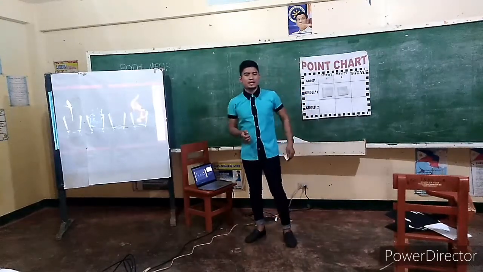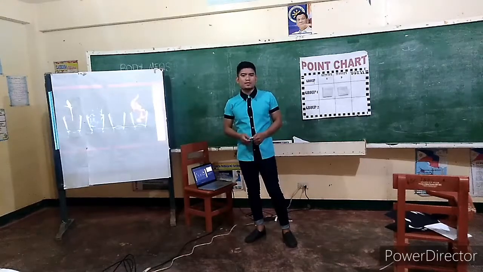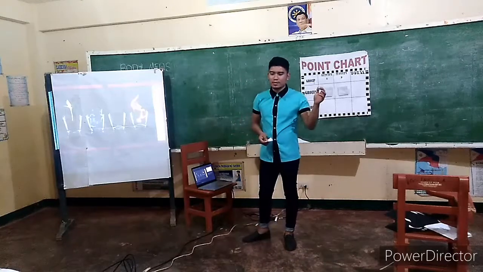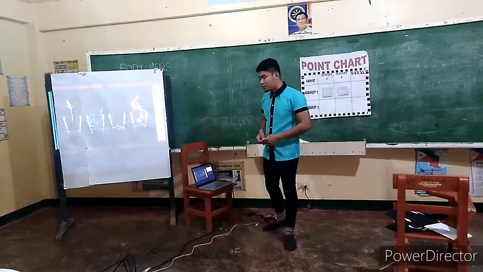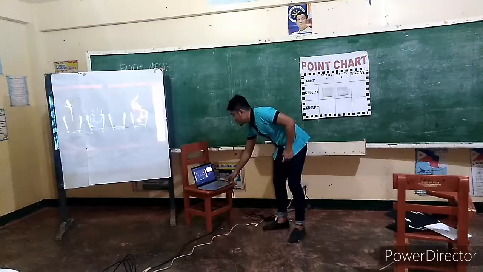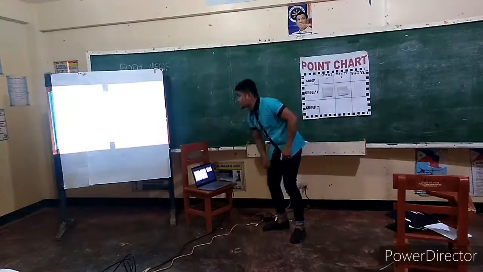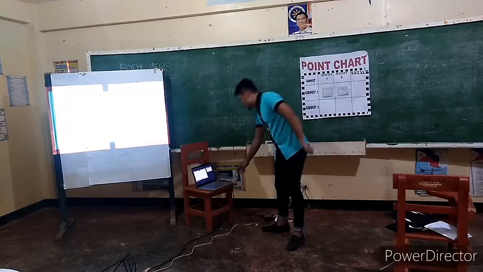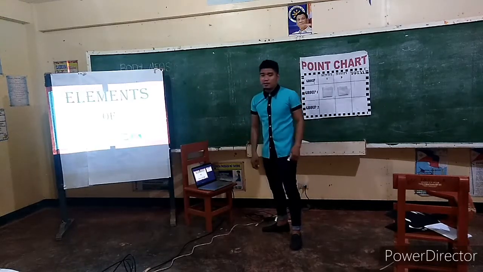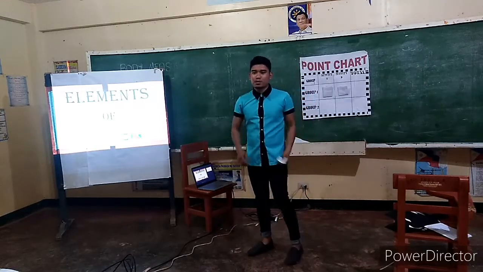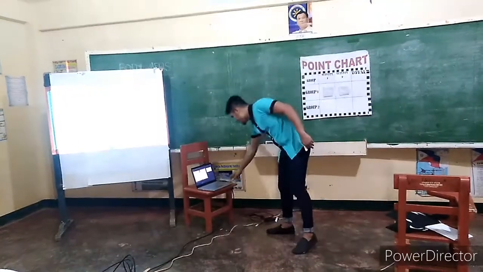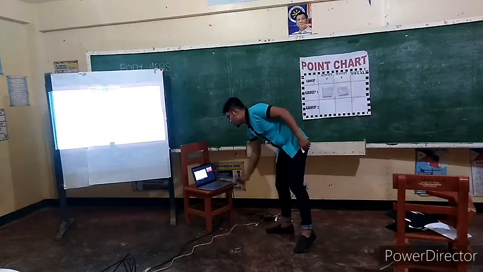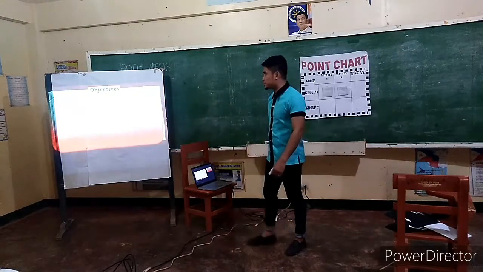do you have any idea what our new topic for this morning is? Anyone? Yes, Arnel. Okay, very good. Our new topic for this morning is all about elements of design. So, here are the objectives.